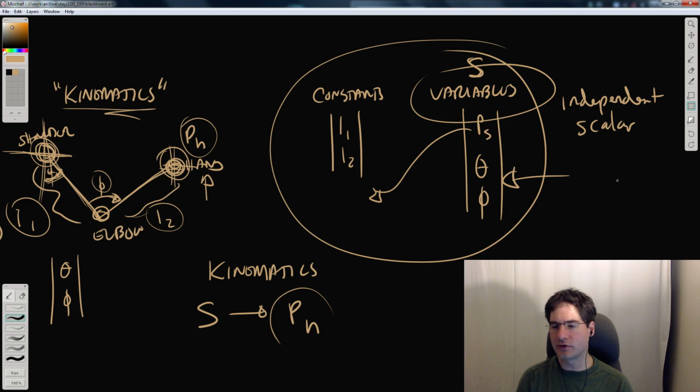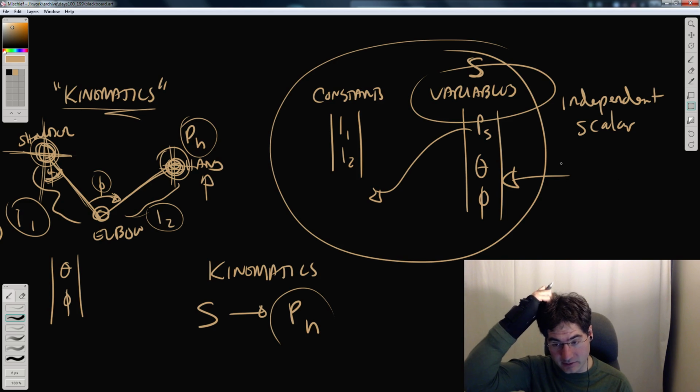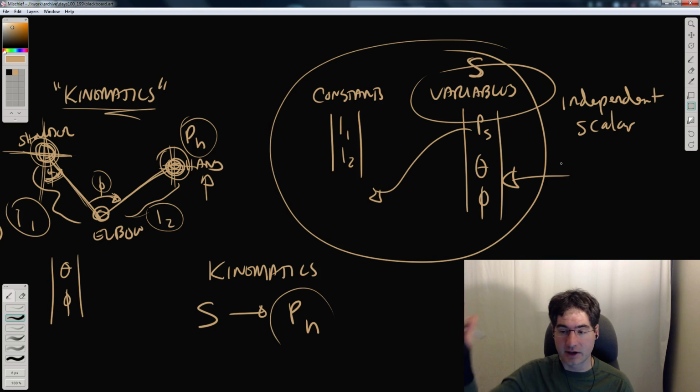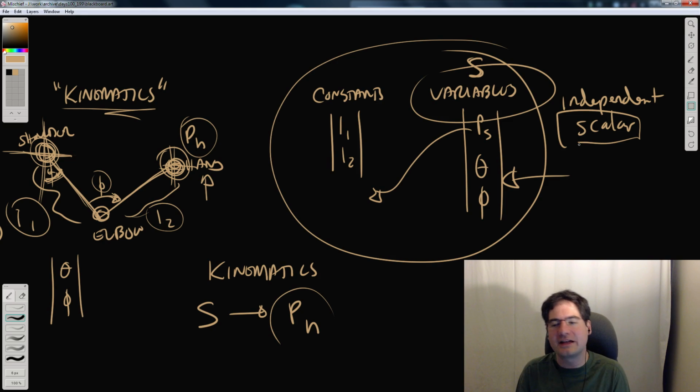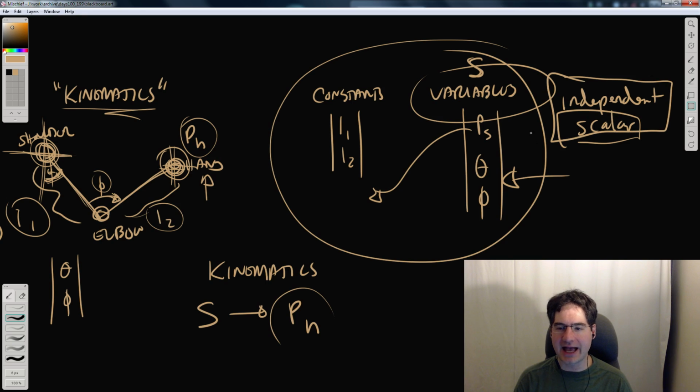And remember, for those of you who are math impaired, which I'm not condescending, I am not a good mathematician, a scalar is just a single floating point value, basically, right? A scalar is a single value, not a vector, just a value. However many independent scalars we have to describe our system, that is how many degrees of freedom we have.